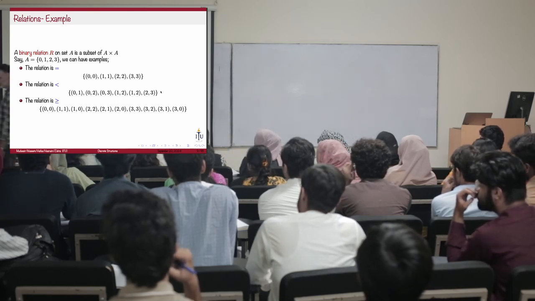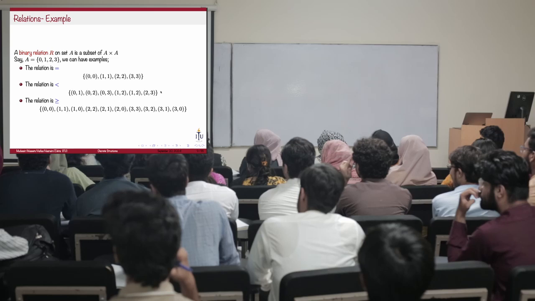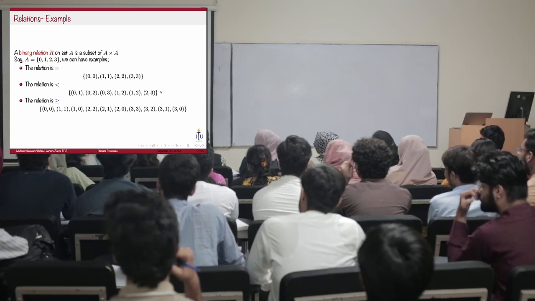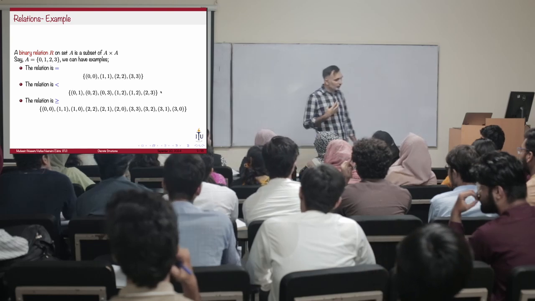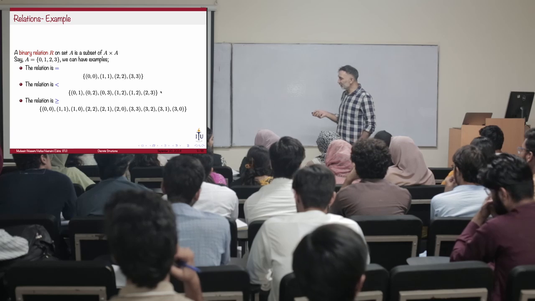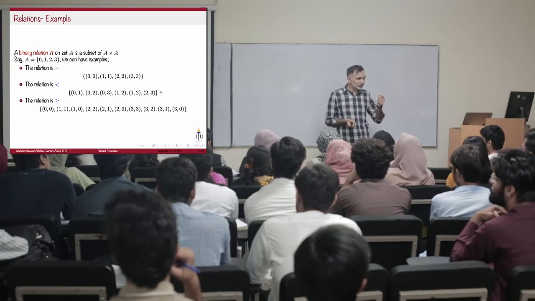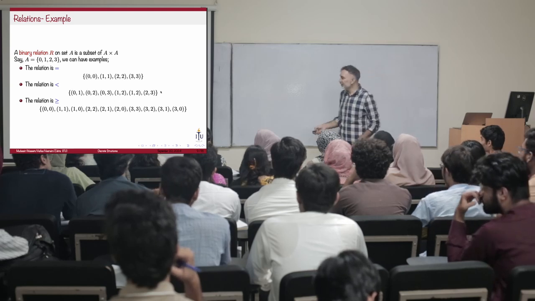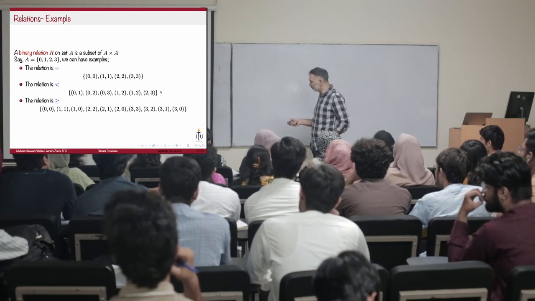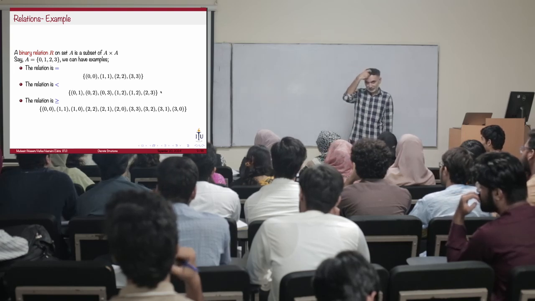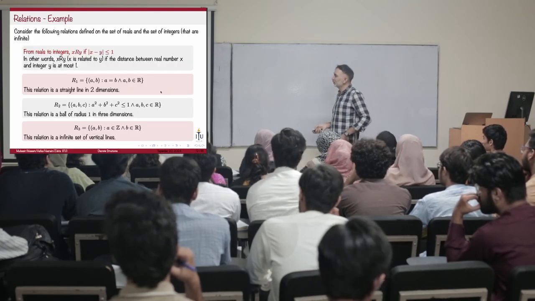Less than or equal to also defines a relation on pairs of things. Greater than or equal to also defines a relation on pairs. But remember that greater than or equal to is a different relation compared to just greater than. Greater than will not have (0,0), (1,1), (2,2) and (3,3). Are we good? Cool.